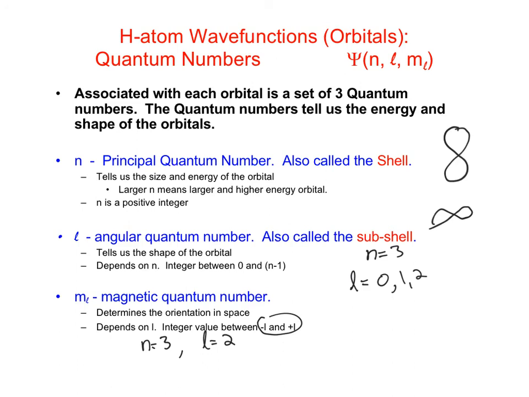So, if n is equal to 3 and l is equal to 2, then m sub l can be minus 2, minus 1, 0, 1, or 2. So it's sort of like saying, in the city l equals 2, there are 5 streets that electron can live on. All right, and so we'll explore this idea of quantum numbers and orbitals more in the next video.